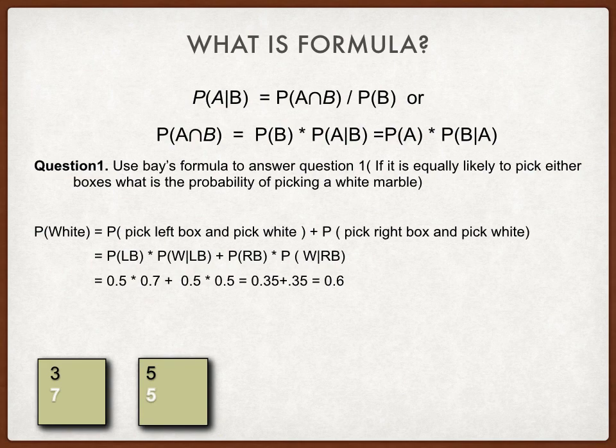If we do this calculation, we end up with the same number, 0.6, that we found previously without using conditional probabilities. So this is an example to show how the conditional probability is used to solve problems.